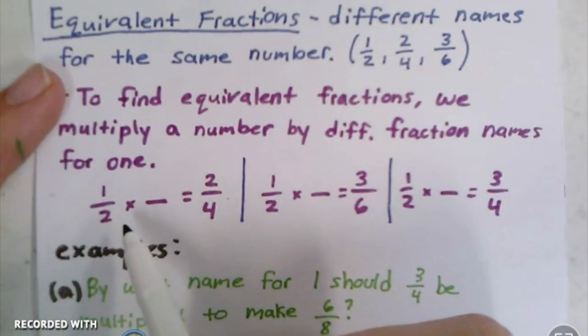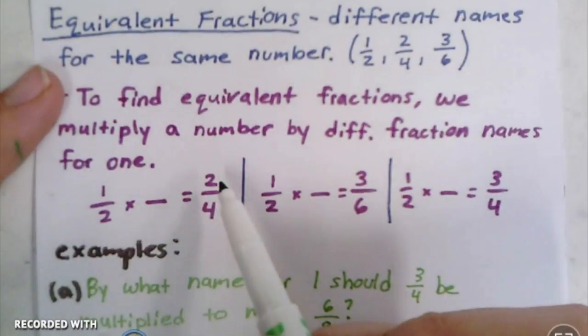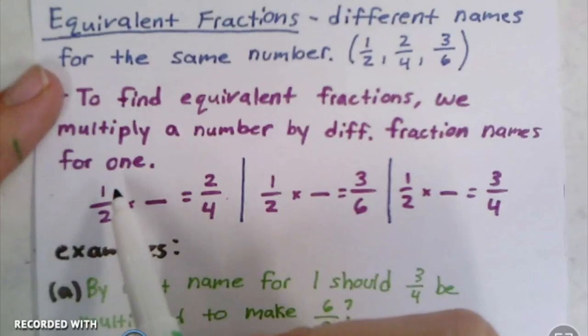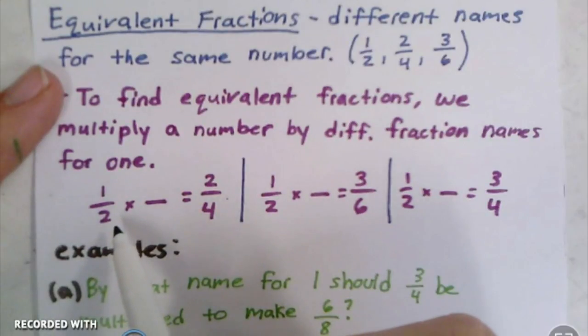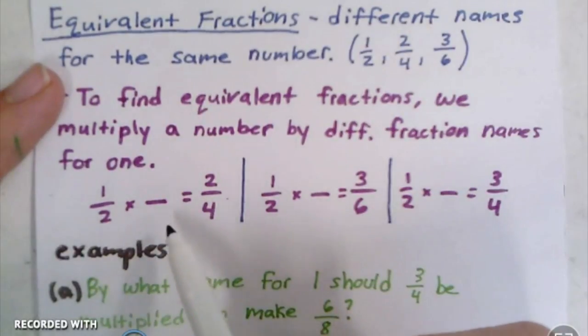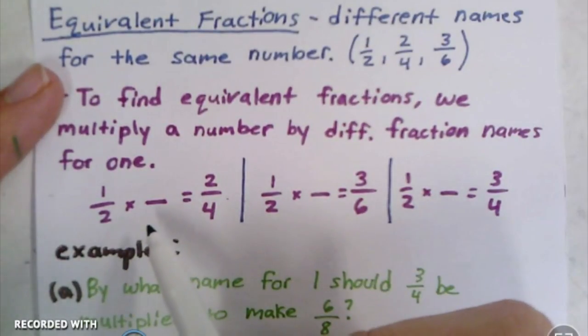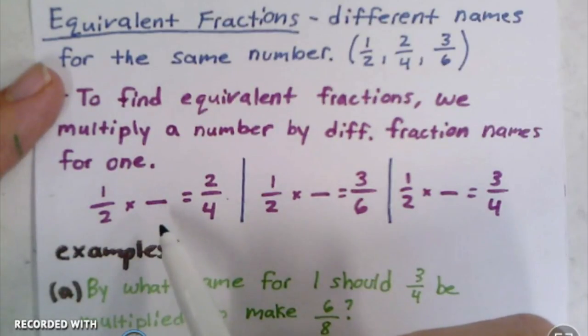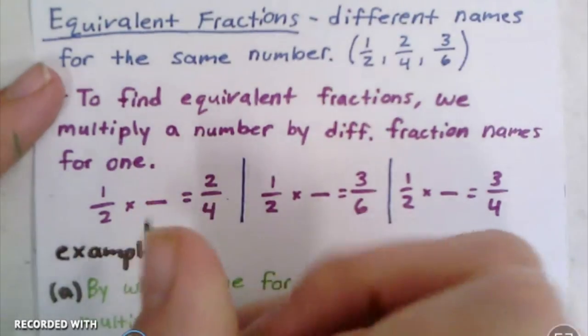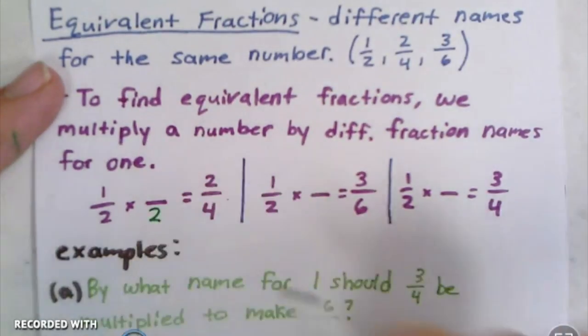If we have 1/2 and I want to make 2/4, I need to multiply both terms, the numerator and the denominator, by the same number. I'm going to multiply them by a fraction that equals 1, which remember means that the numerator and the denominator have to be the same number. So 2 times what would give me 4? Right, 2.